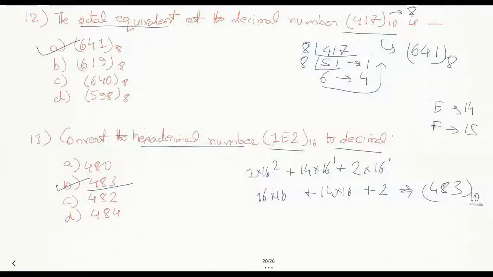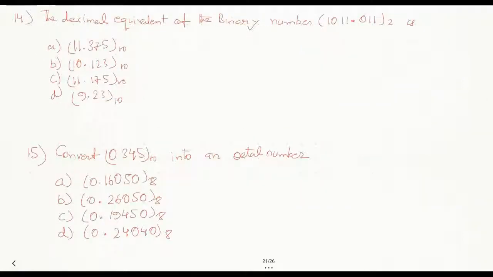Okay, so now let's move on. They are asking for the decimal equivalent of the binary number. To convert this binary number into its decimal equivalent, what we do is use the positional values. So 1 into 2 to the power 0 plus 1 into 2 to the power 1 plus 0 times 2 to the power 2 plus 1 into 2 to the power 3, right?